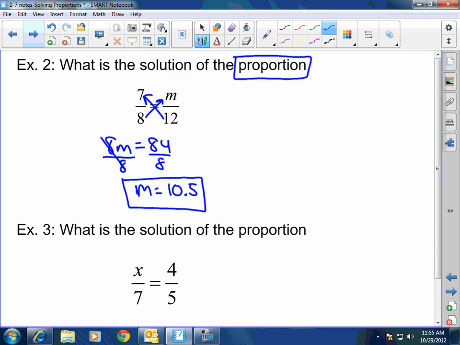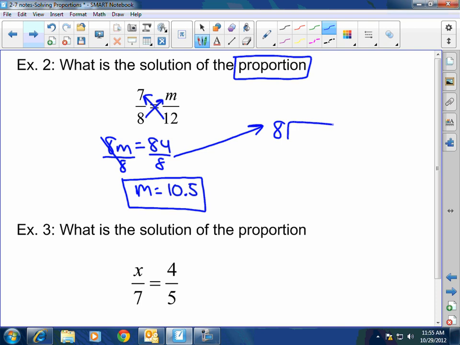Yes, sir. I divided, sir. Okay, the question is, how did I get 10.5? Guys, I don't know what to tell you anymore. You're not in middle school. You need to know how to divide.